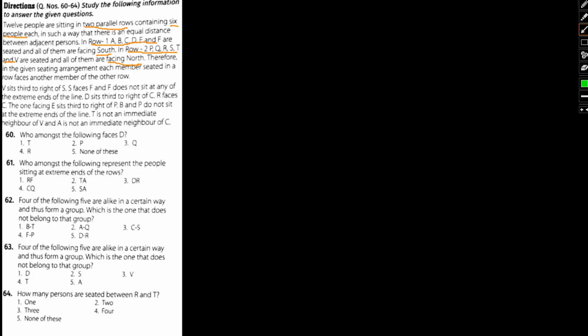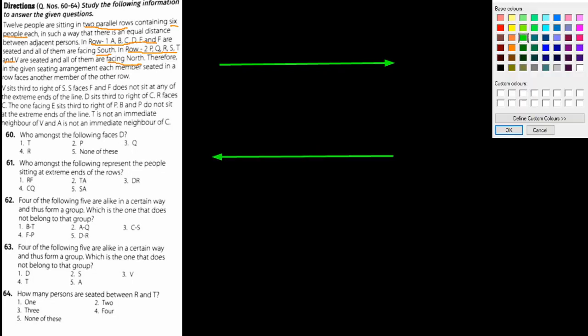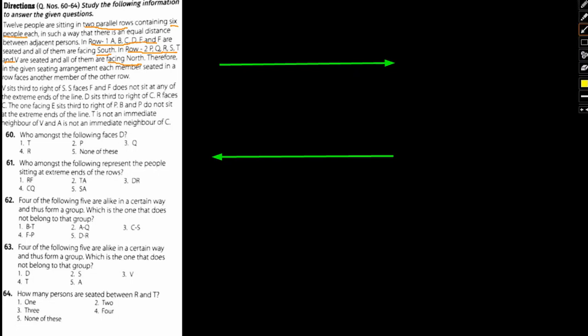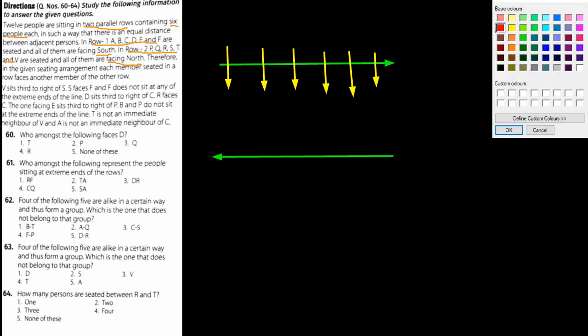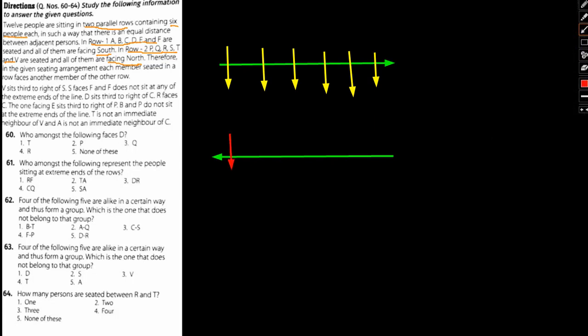So let me just create two rows. First, second. Six members facing south: 1, 2, 3, 4, 5, 6, and subsequently 6 members facing north: 1, 2, 3, 4, 5 and 6.